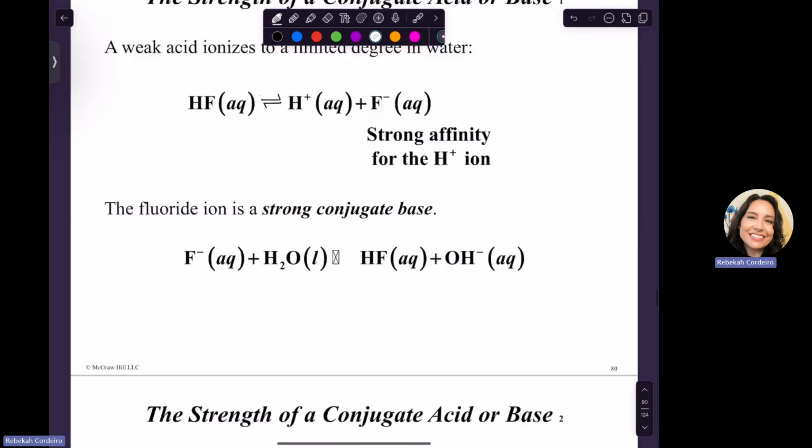I don't like that they use the word strong. It's not a strong base. It doesn't ionize 100%, but it is stronger. So basically, the weaker your acid, the stronger your conjugate base, and vice versa.